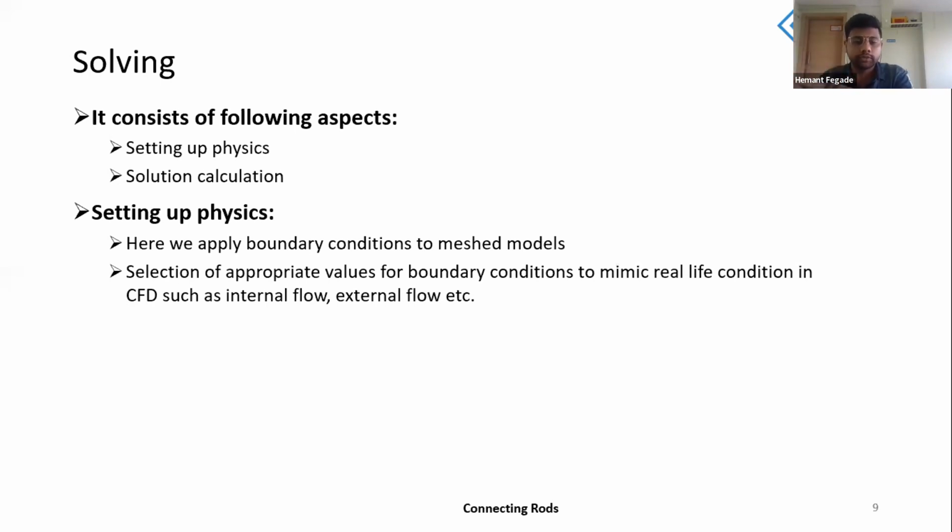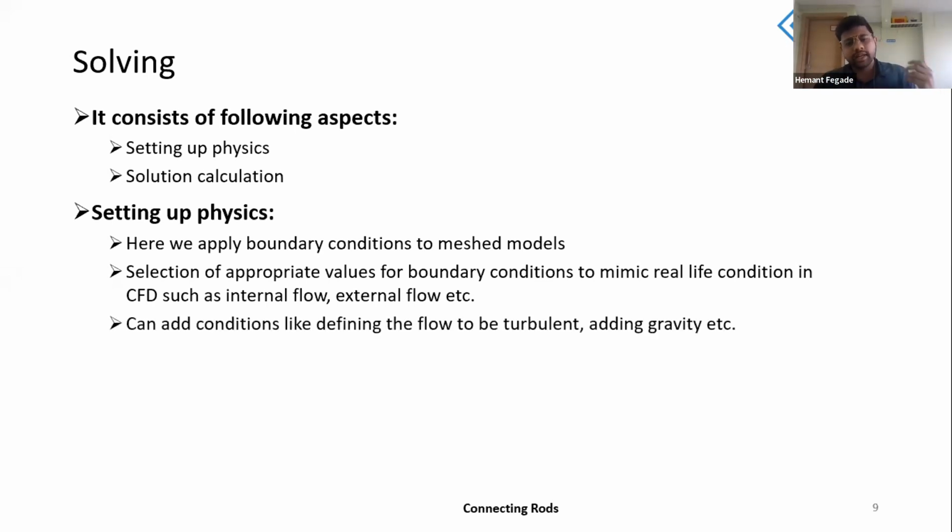That velocity is an inlet condition. You also need to define pressure conditions, because without pressure your flow won't happen. So all of these parameters are well thought out, and only then do you apply these boundary conditions to the model to mimic the real life condition, right?